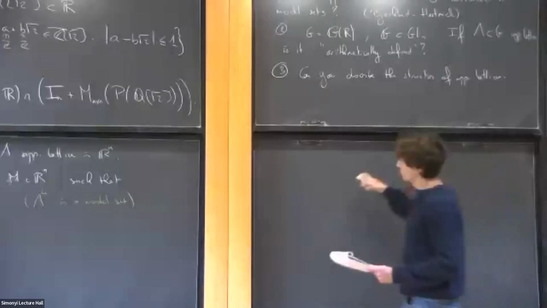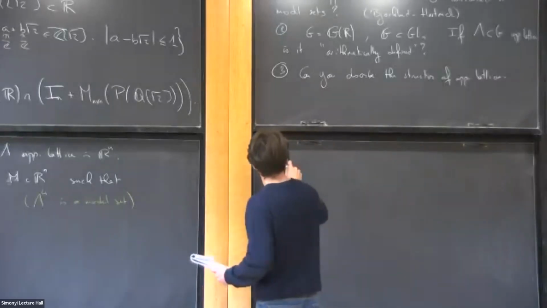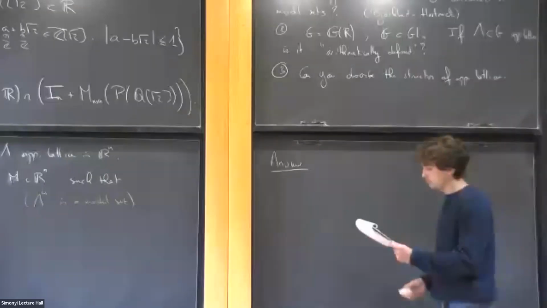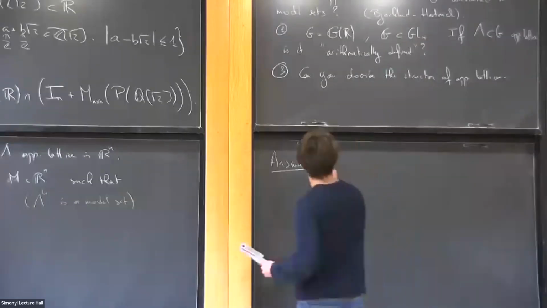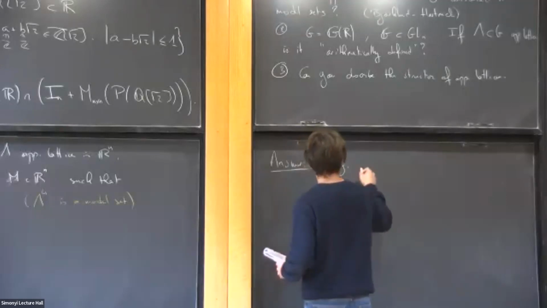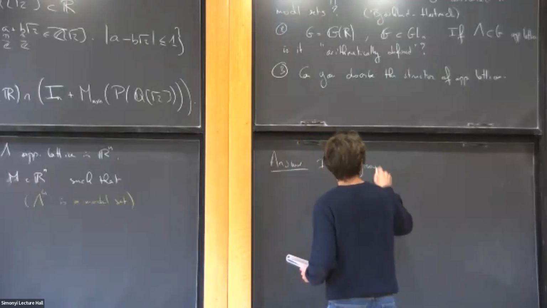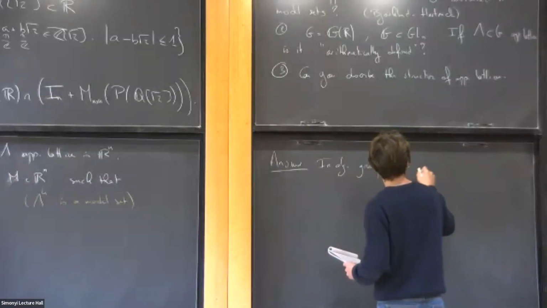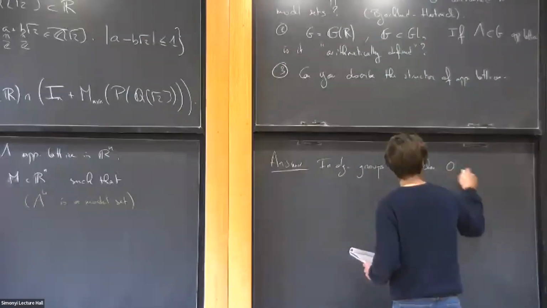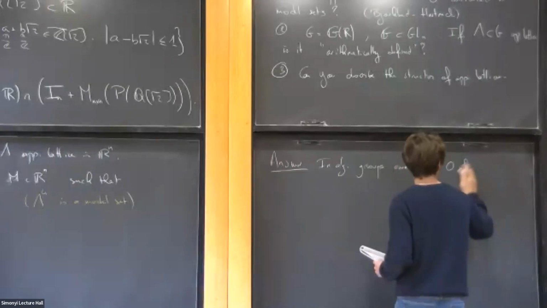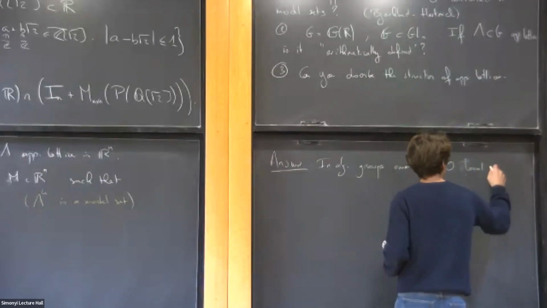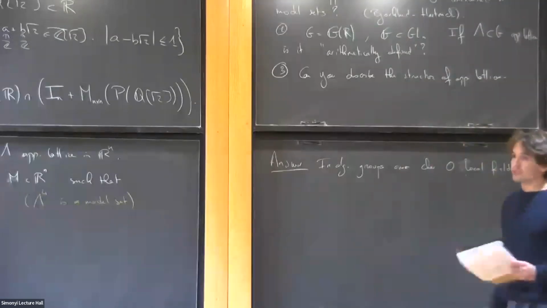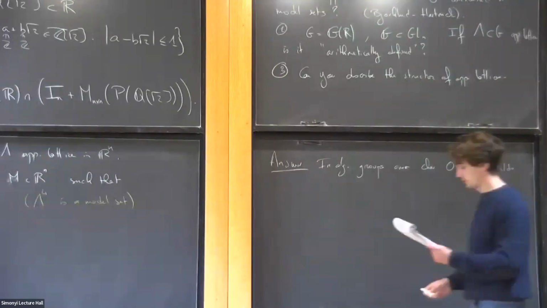And so, if I want to just answer it very vaguely, in algebraic groups over characteristic zero local fields, you can answer very precisely the three questions.